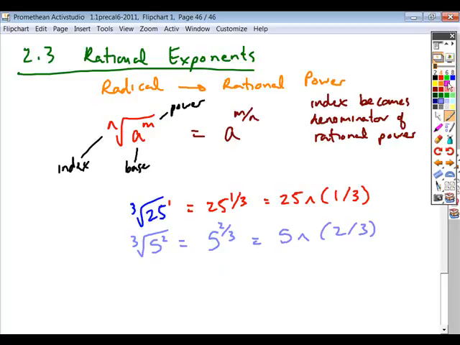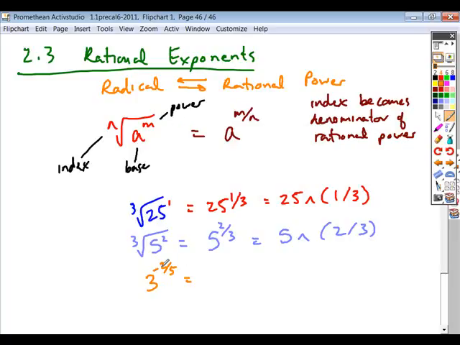All right, the last thing is that converting from radical to rational power doesn't just work in one direction. You can go back in the other direction as well. And so if I gave you something that was, let's say, 3 to the negative 2/5, and I asked you to rewrite this in radical form, you should be able to follow this same set of transformations here.